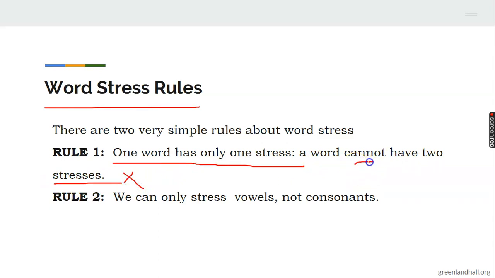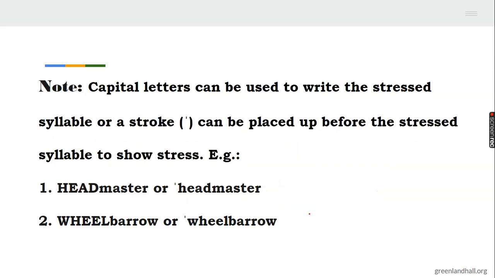Now rule number two: we can only stress vowels. We stress vowels, but we don't stress consonants. You can only stress the vowels in every word you want to stress. Alright? Let's move on. You get more understanding as you go on.